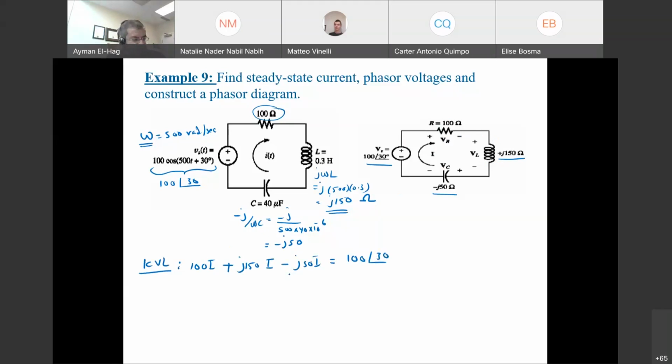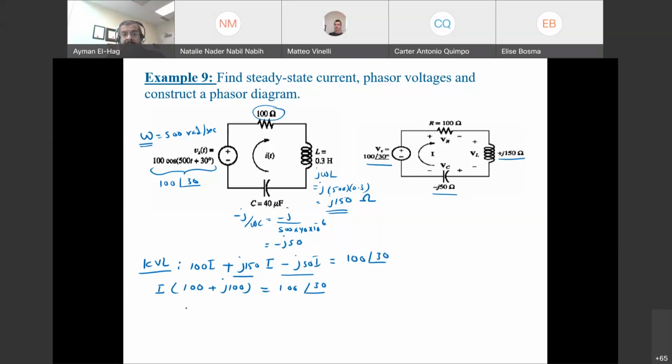Okay, excellent. So I can take I as a common factor here. So your I is multiplied by 100 plus J150 minus J50, which is equal to plus J100, equal to 100 angle of 30.